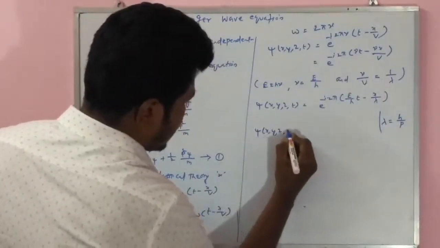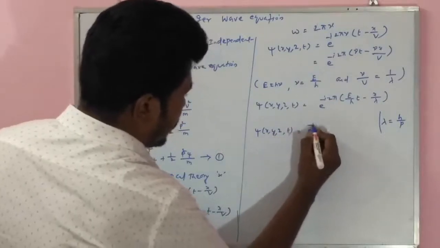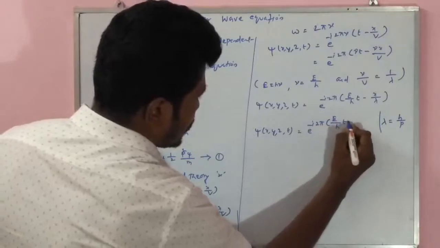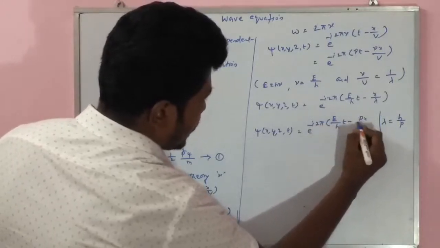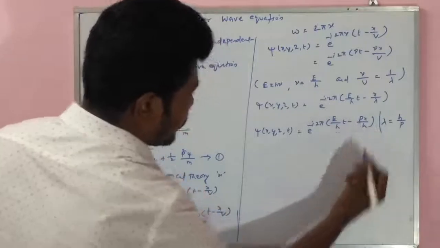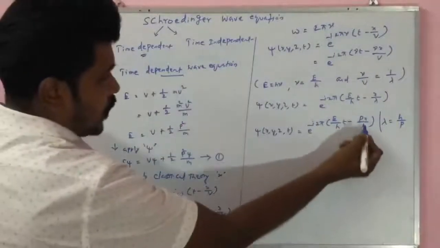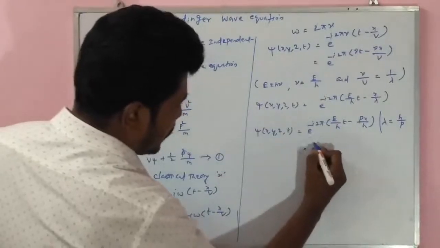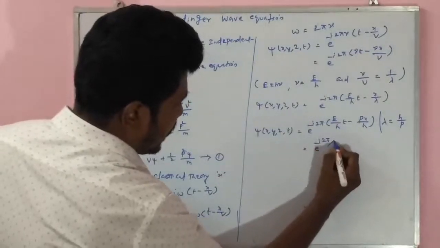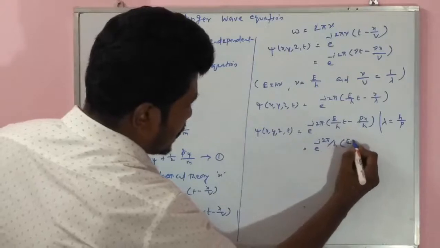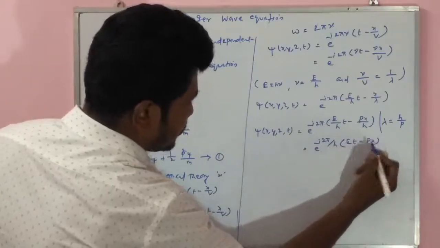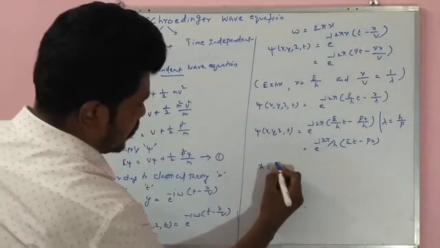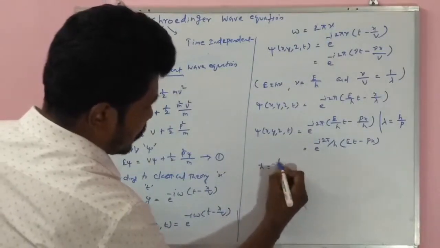So psi of x, y, z and t is equal to e power minus i 2 pi into Et by h minus px divided by h. Okay, here 1 by h is a common factor, so taking the common factor out, e power minus i 2 pi by h into Et minus px. Okay, here h cross is equal to h by 2 pi.